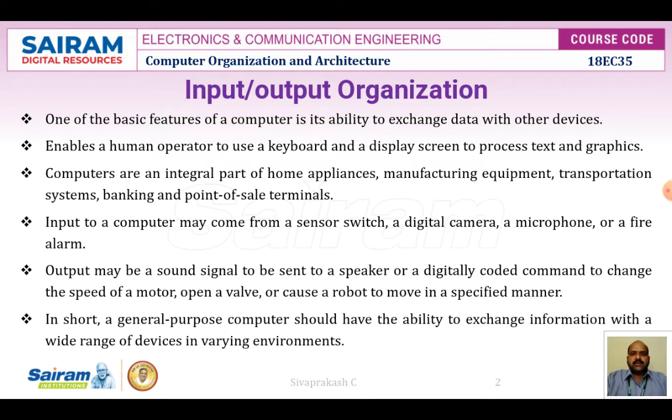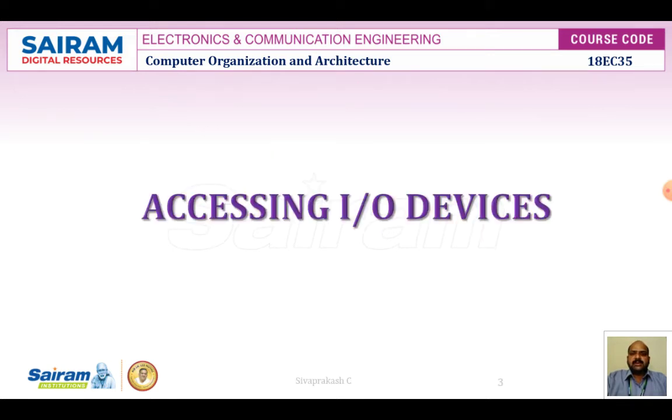As per the syllabus, the first topic is called accessing IO devices. What actually is accessing IO devices? A single bus structure can be used for connecting input-output devices to a computer. Each IO device is assigned a unique set of addresses. We have a bus which may consist of three sets of lines to carry address, data, and control signals.